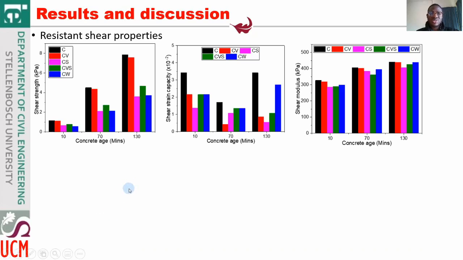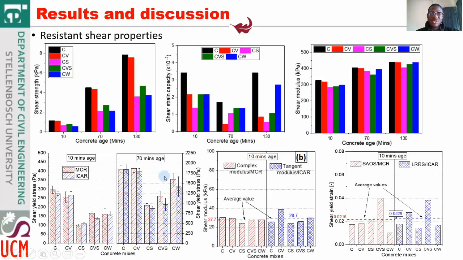And to some of the results, this is the resistance shear properties that were measured by shearometry. And interestingly, the two instruments used, both the MCR and the ICA, showed good correlated, similar results. This, for example, is the shear yield strength from both the MCR and the ICA.